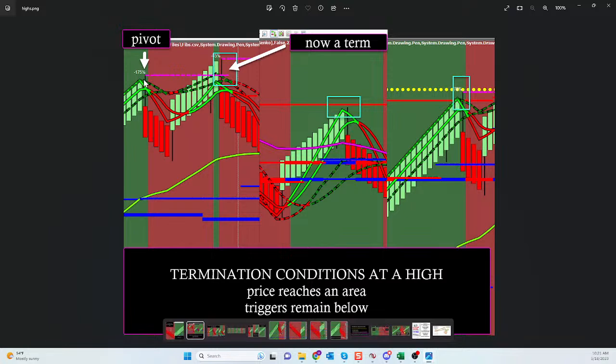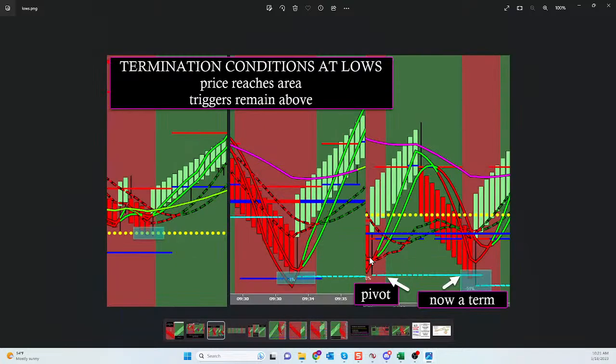This lets me know that there was a loss of momentum. And then when price reaches the magenta line and the trigger lines remain below, now it's a termination condition. So the same thing over here, just a pivot, but when price reaches that divergence low, triggers don't break, now it becomes a termination condition. Does that make sense, D?